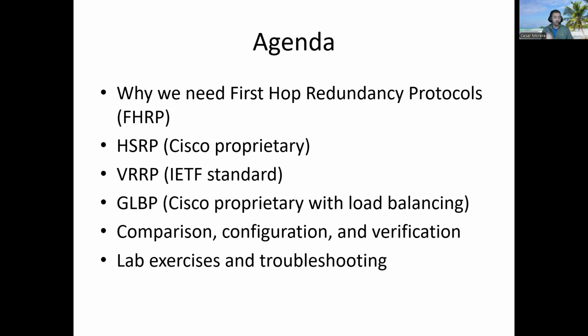We have a comparison, a configuration, a validation and verification, and some lab exercises and troubleshooting that we will cover in the packet trace section, but we will just take a brief summary and an introduction to them in this lesson. Okay, let's go.